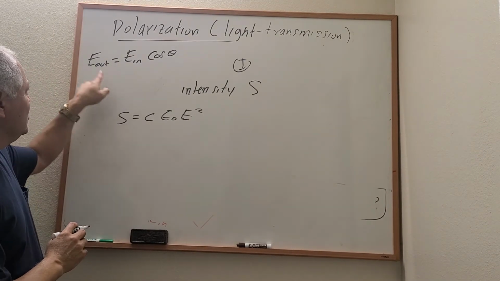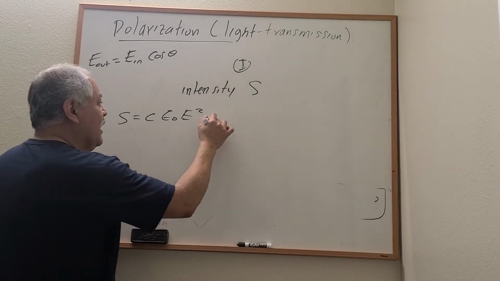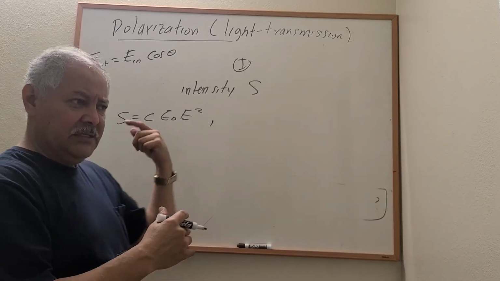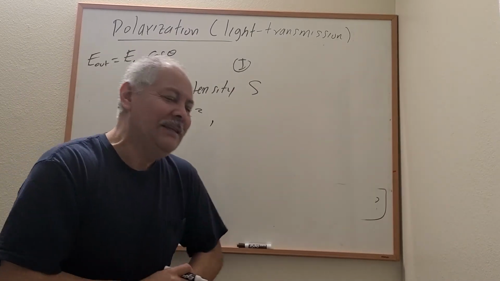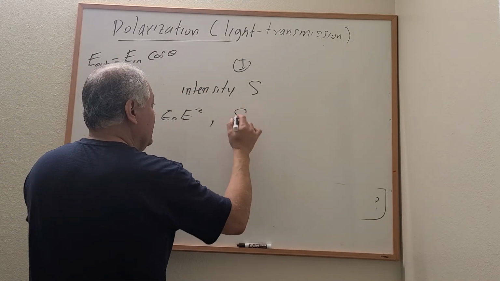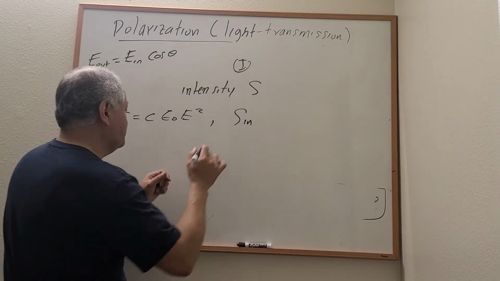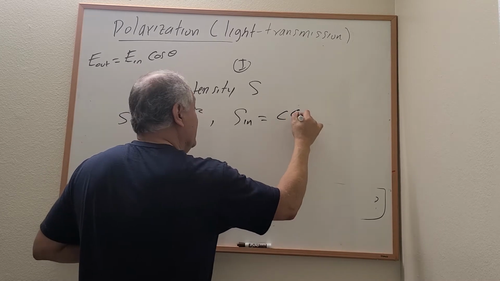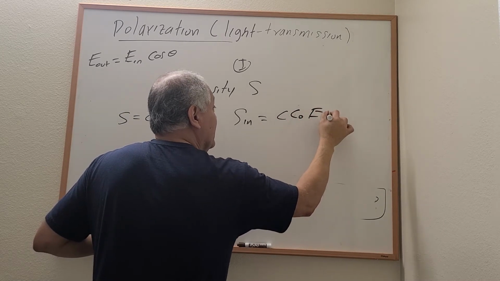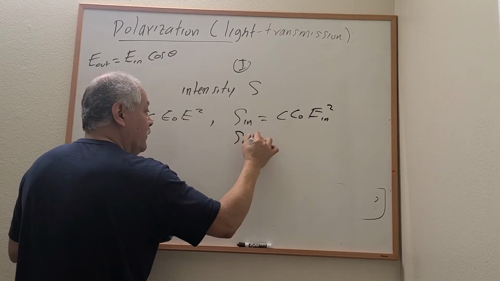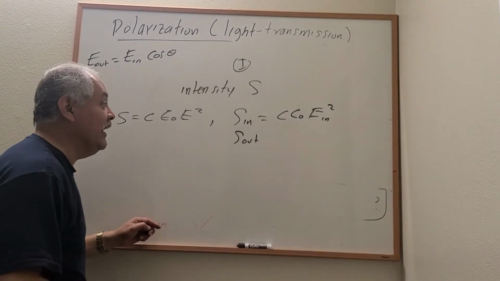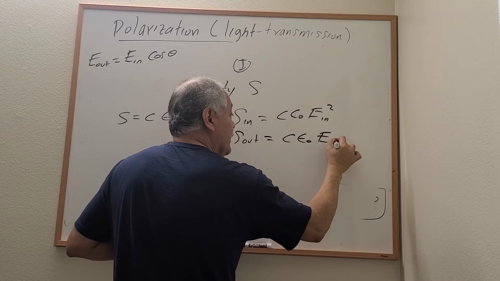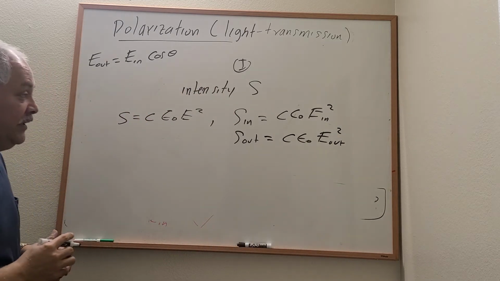If we apply this to these conditions right here, what do we have? The intensity at the beginning of the unpolarized light, and the intensity when we have polarized light. Let's do it. The intensity at the beginning equals the speed of light times epsilon naught times the electric field at the beginning squared. The same for the end of the polarized intensity: c epsilon naught times the electric field squared.